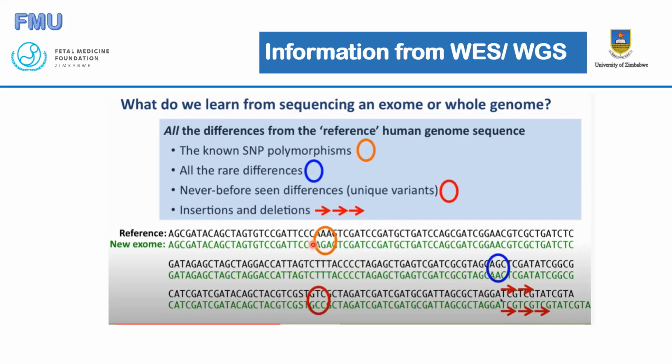So these insertions and deletions will then be interpreted by geneticists to try and decipher what kind of disease or pathology is responsible for these deletions or insertions that will be seen at the level of how the nucleotides are arranged in our genes. So this is where we are right now in terms of prenatal diagnosis. The whole exome sequencing, what is the clinical utility? How is it being used clinically at the moment?